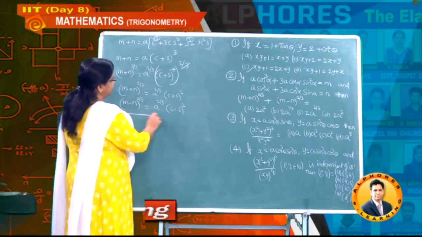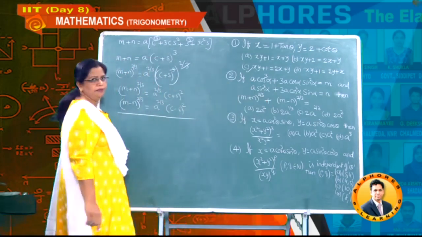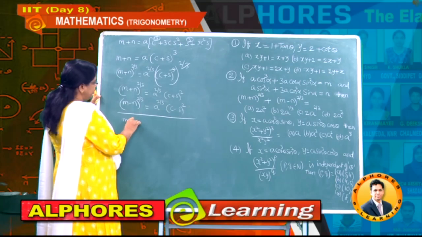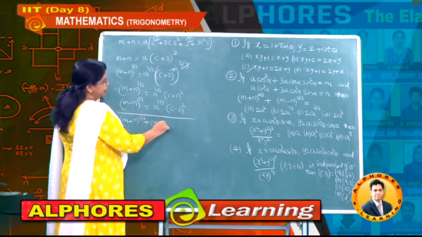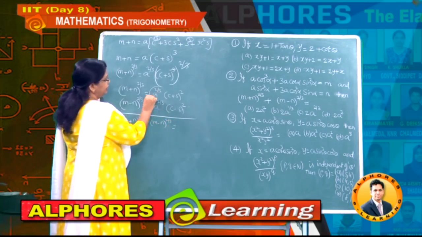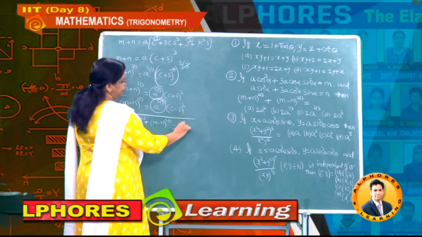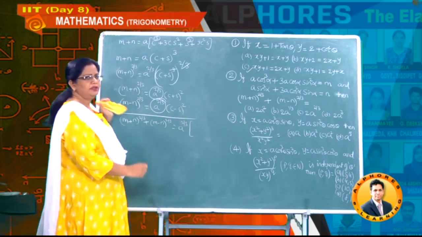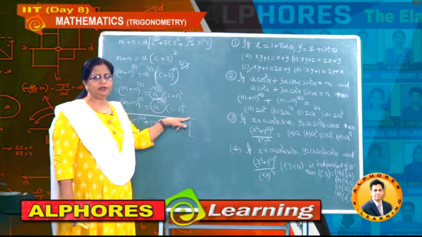Now they added these 2 values, okay. Here the plus symbol is there, so I am adding m plus n power 2 by 3 plus m minus n power 2 by 3, and again which value can you take common here? A power 2 by 3. If I take a power 2 by 3 common, this is a plus b whole square plus a minus b whole square.